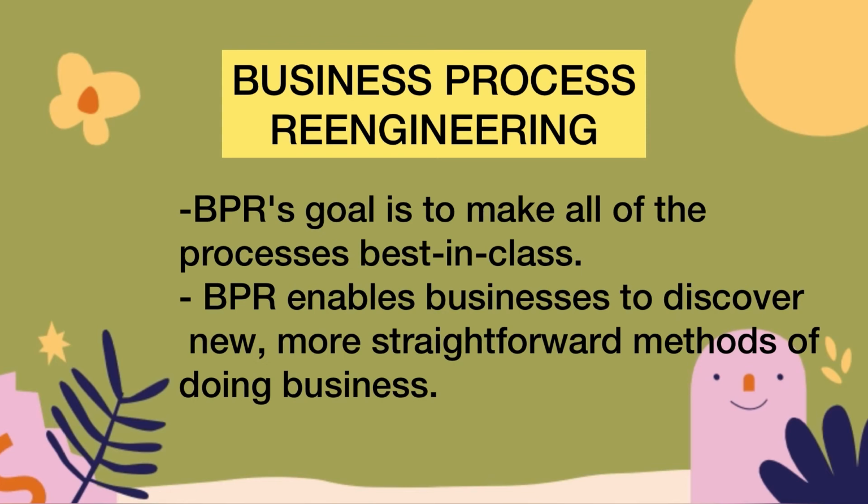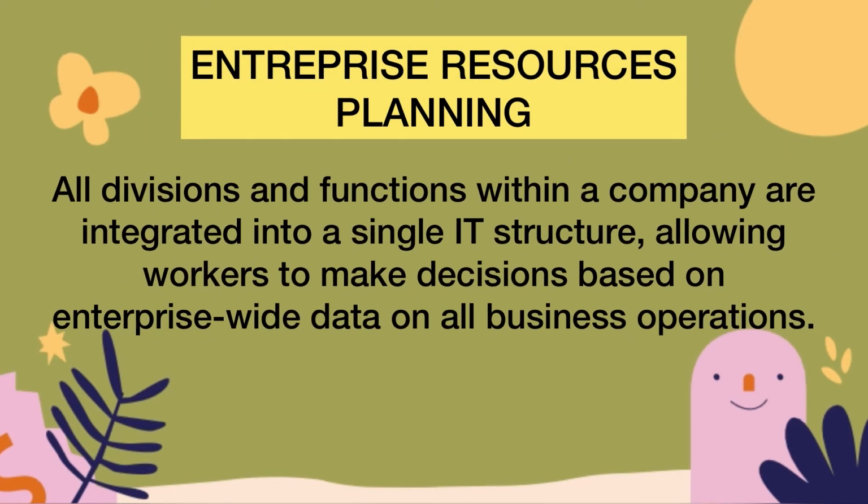And the third one is business process re-engineering. BPR's goal is to make all of the processes best in class, and BPR enables businesses to discover new, more straightforward methods of doing business. And lastly, enterprise resource planning.